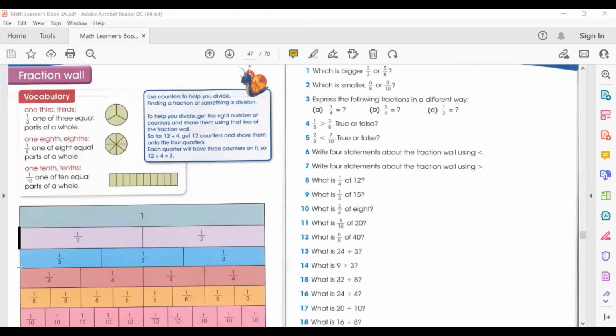This is 1 by 2, this is 1 by 4. It says to make it in a different way, so you can write 1 by 4 equals 2 by 8. This is 1 plus 1, 2, so 2 by 8. 1 by 4 also equals 2 by 8.